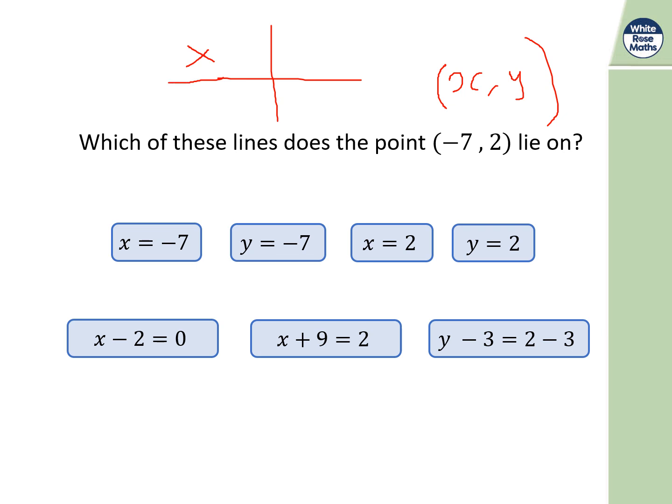So the line x equals minus 7 would count, and the line y equals 2 would count. That one wouldn't, because the y coordinate is 2 and not minus 7, and the x coordinate is negative 7 and not 2.